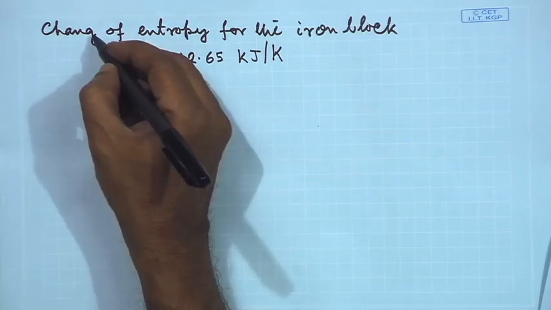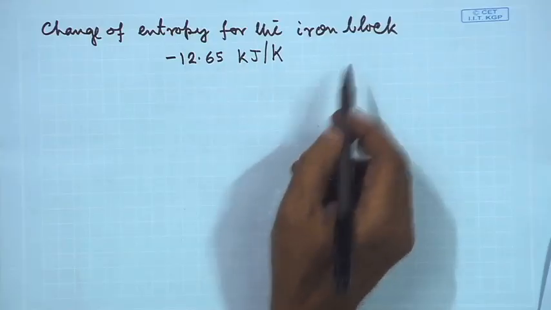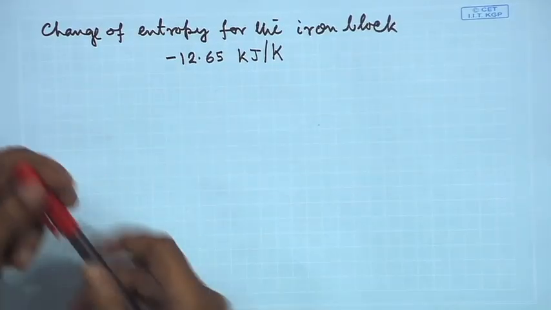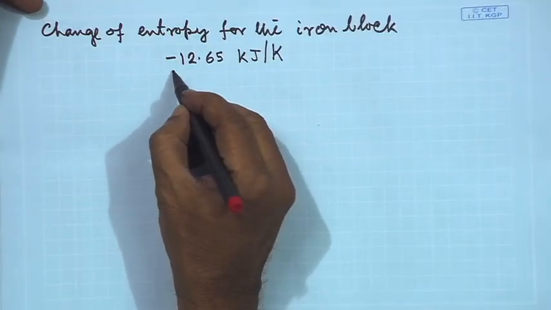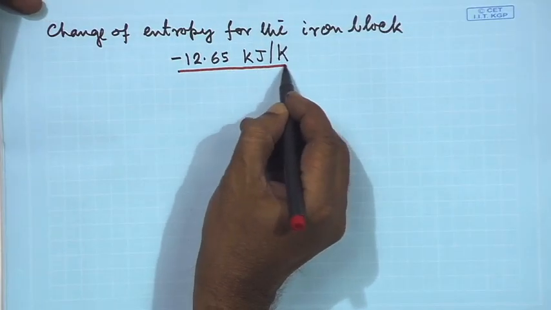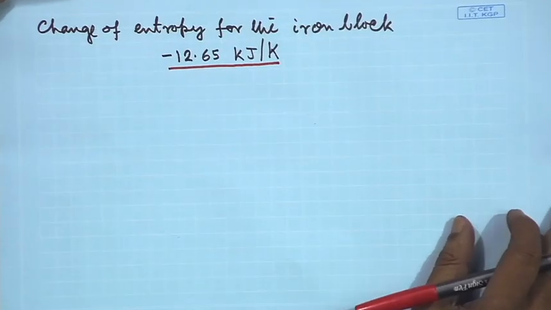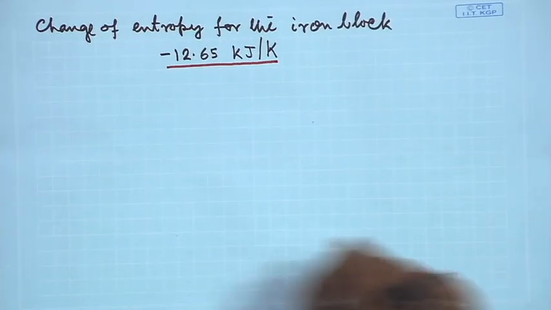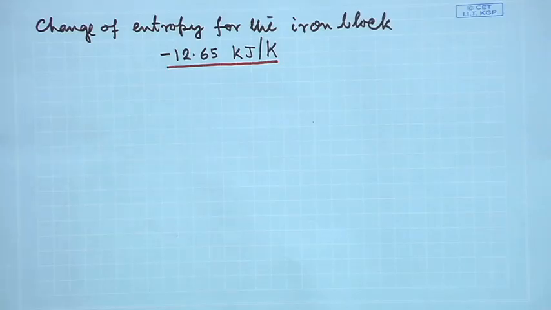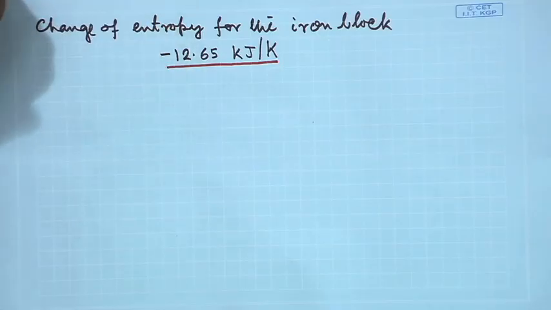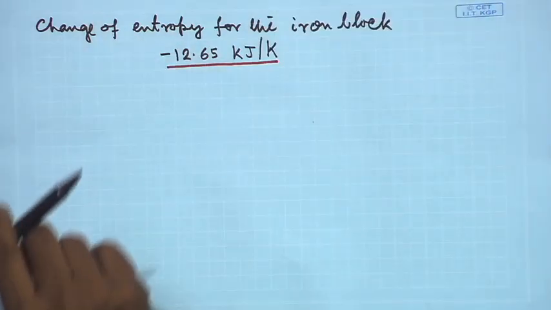So, change of entropy for the iron block, and please note that it is negative. Why is it negative? Because heat has transferred from the iron block to the water in the tank, and I have told the direction of heat flow is also indicative of the direction of entropy flow or entropy transfer. So, if there is heat loss from the iron block, there is also decrease of entropy for the iron block.